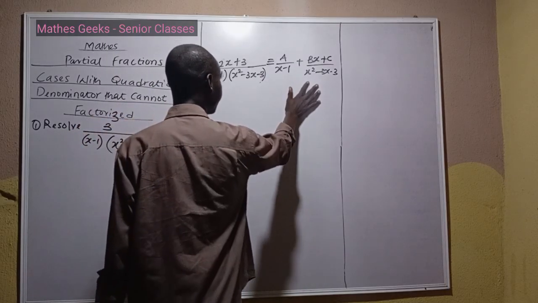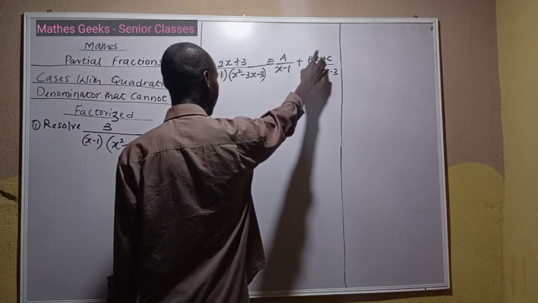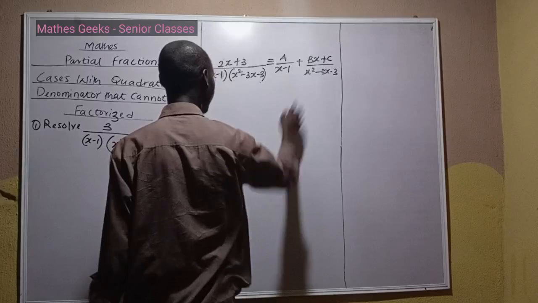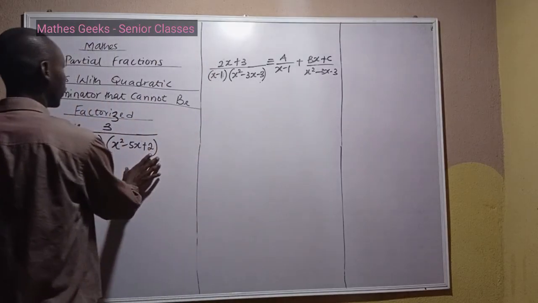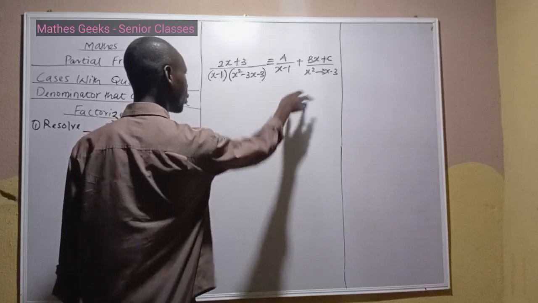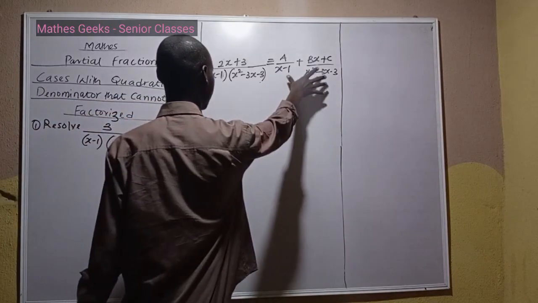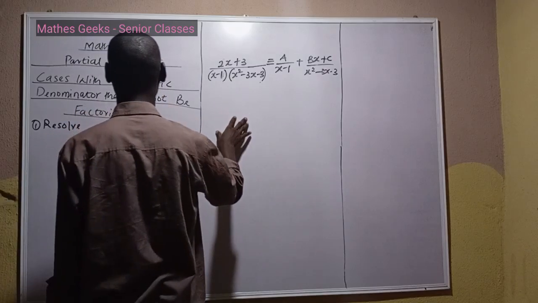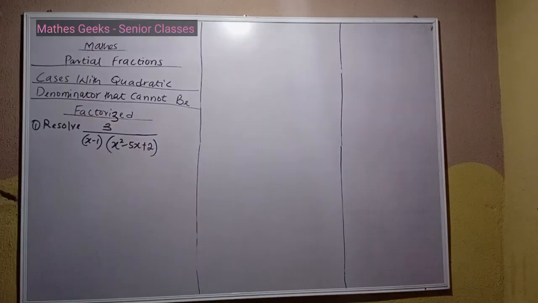The highest power of x in the numerator here is less than the highest power of x in the denominator. The examples we're going to take further will show how to go about the simplification, but this is the general form when the quadratic denominator cannot be factorized.